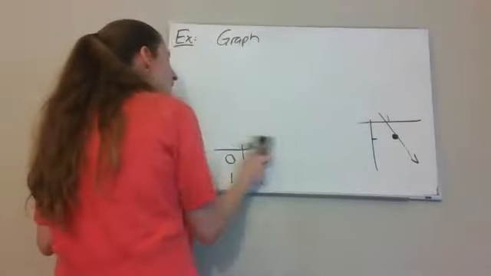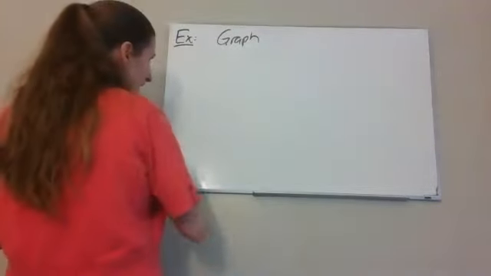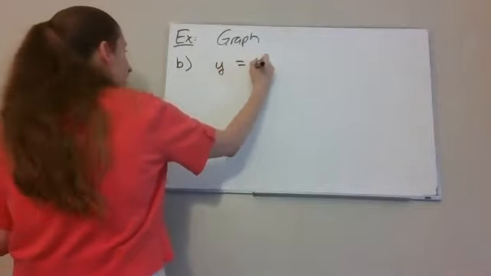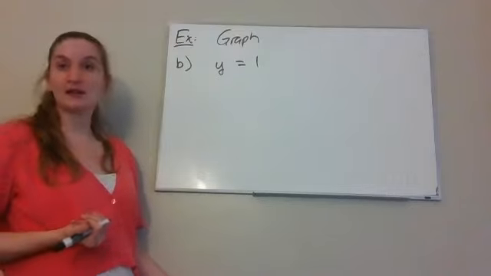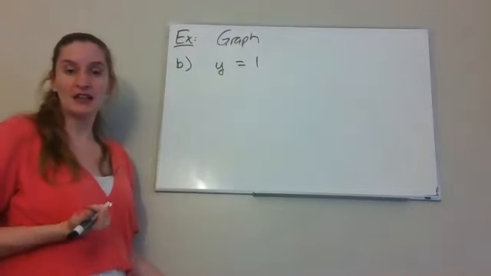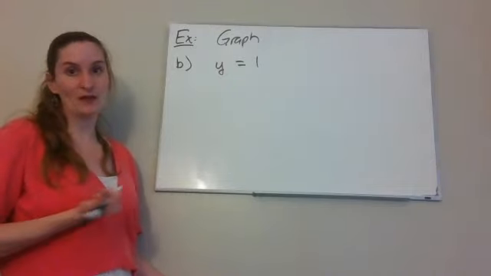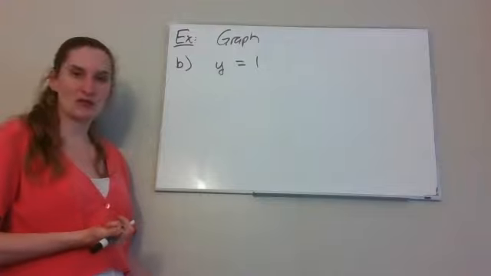Let's do another one. It's not going to look quite like our standard form, even though it is in standard form. y equals 1. This is in standard form, ax plus by equals c. It's just that our a happens to be 0 and our b is 1. So this still is a linear equation, but at least it looks like we don't have as much information.